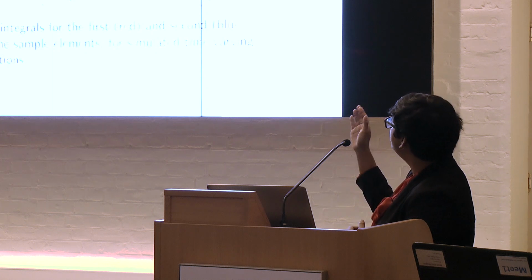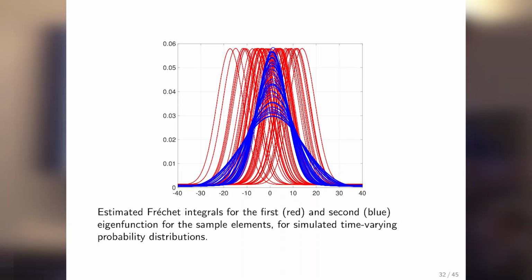So that way the variation of these densities comes from their location. And we can see an exactly similar situation going on for the blue curves. Each of the blue curves is a Fréchet integral along the second eigenfunction, but in this case the variation is along their scale and not on the mean.